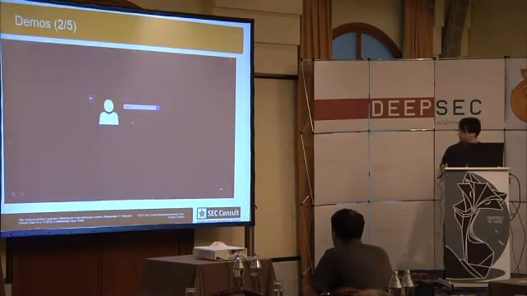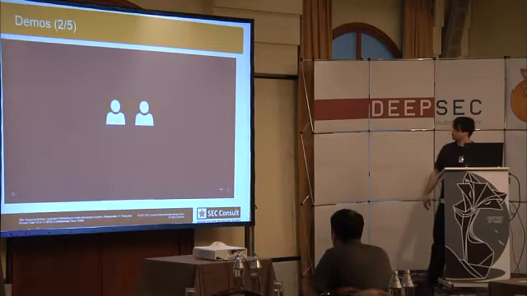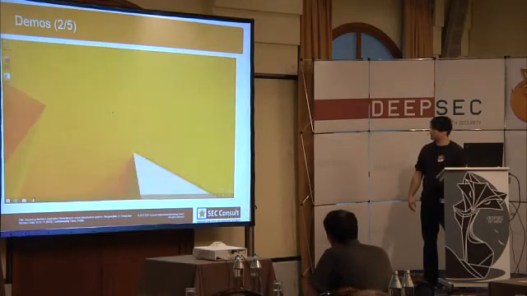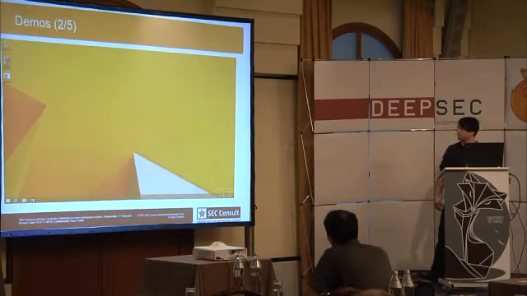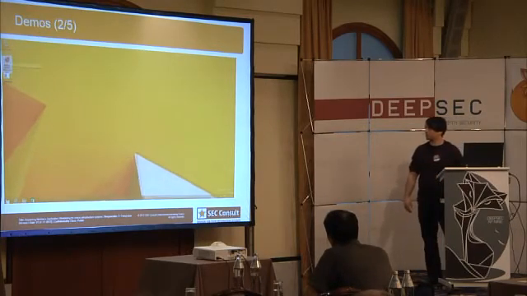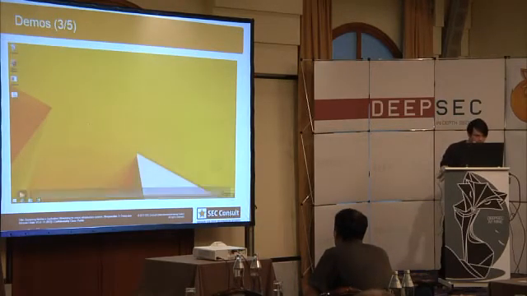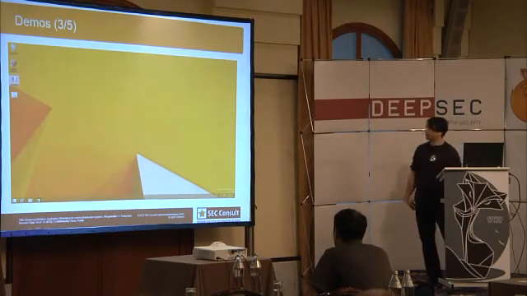I'm now logging in as a normal user, so no administrator anymore, so that you see all techniques just work as a normal user too. Here you just see that everything is working. In the next video you see I have here a whitelisted application.